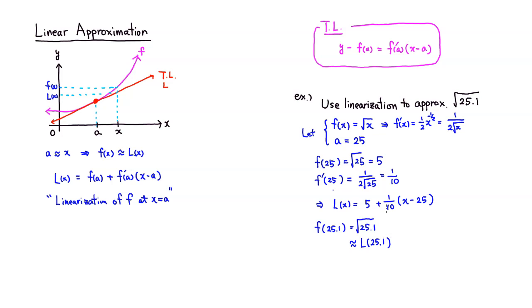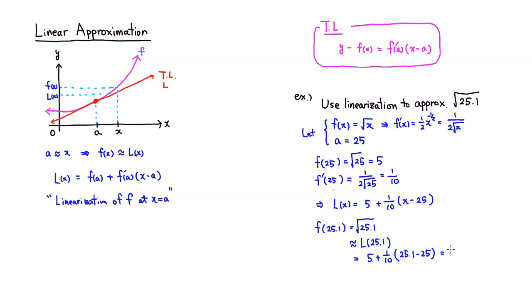Once you've done that, the computation is fairly easy. We can probably do it by hand. This is going to be equal to 5 plus 1 over 10 times x minus 25, where x is 25.1. 25.1 minus 25 is 0.1, divided by 10 is 0.01.